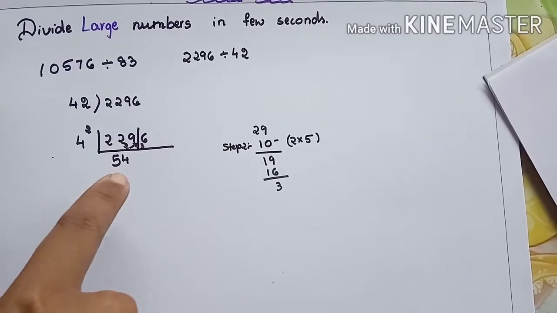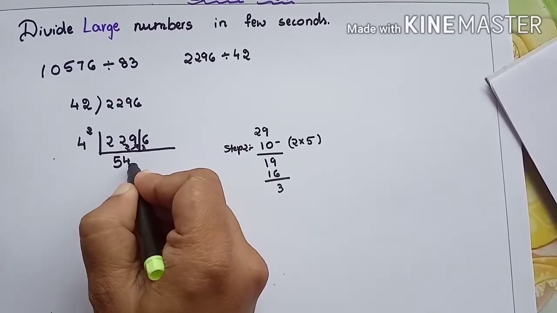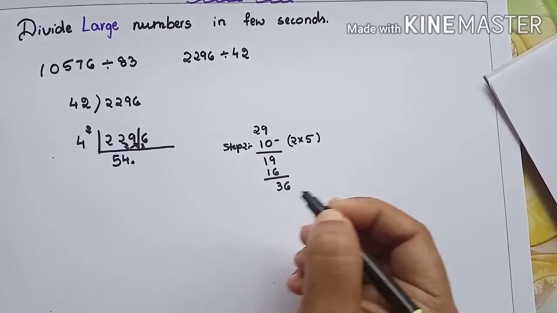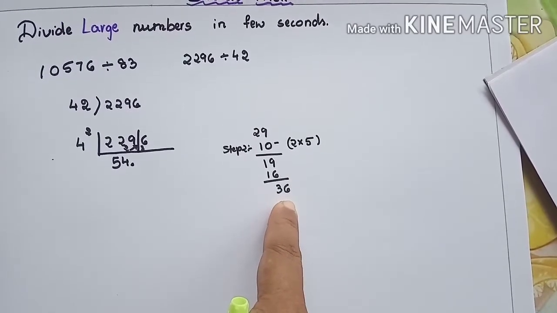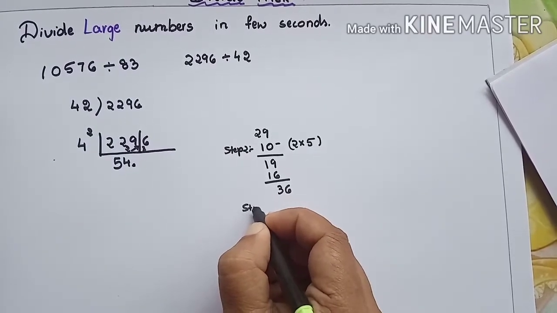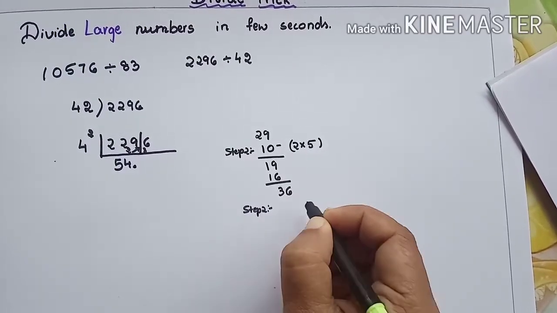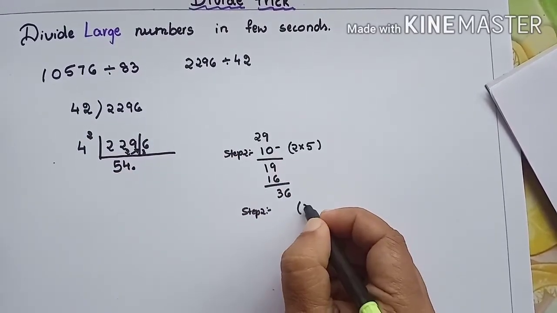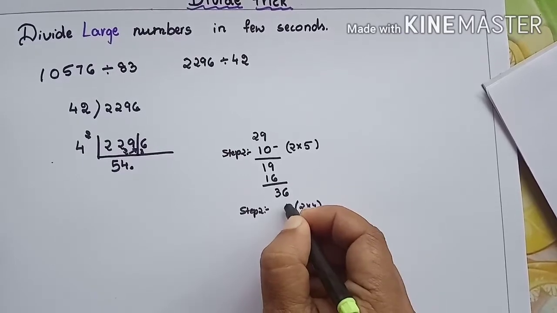So now you have to divide 36, right? Since there is a slash over there, I have put a decimal point. 36. Before dividing by 4, again step 2 has to be repeated. That is 2 multiplied by the quotient which you got now, which is 4, correct? 2 multiplied by 4, that is 8.